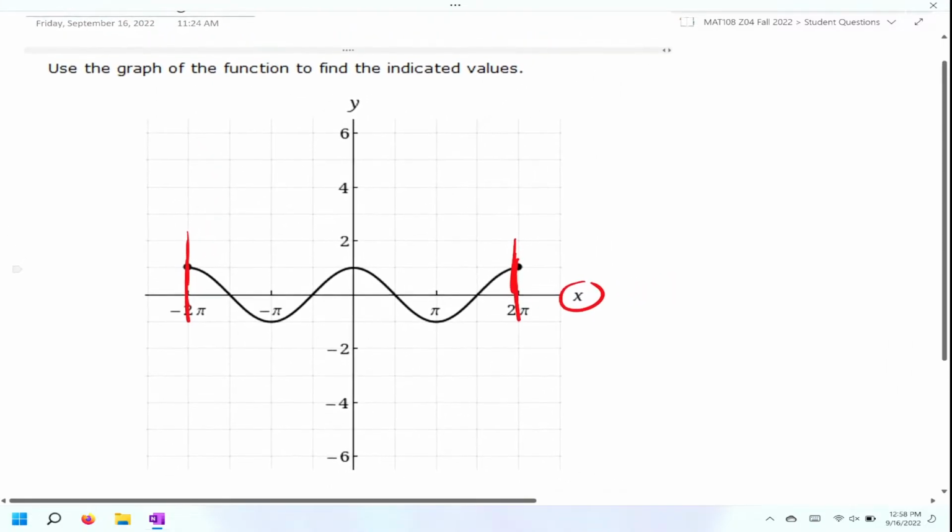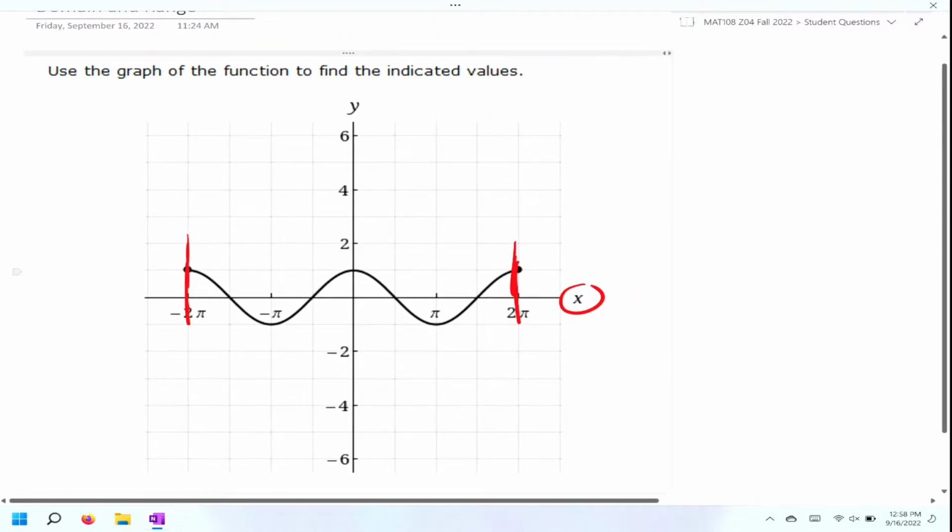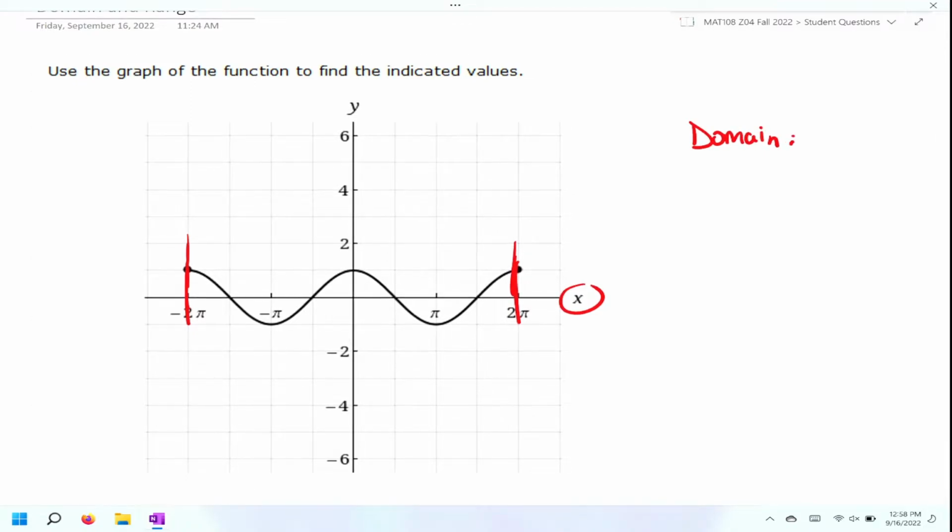That is our domain. So our domain for this problem is going to be brackets, because you're allowed to include the endpoints, because they're solid dots. So our domain is negative 2 pi to positive 2 pi.